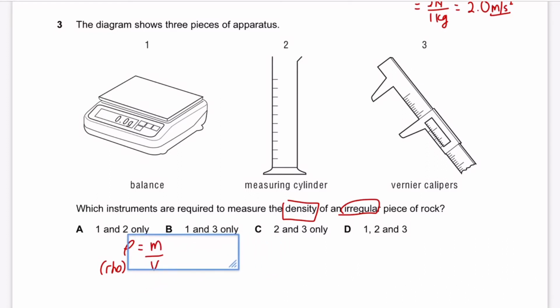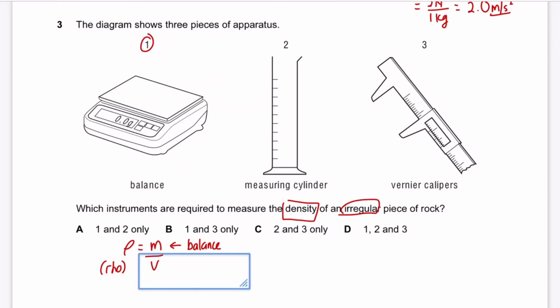To measure the mass, we need a weighing balance, or in this case, it's just balance. So we need number 1. To measure the volume of an irregular piece of rock, the only thing we can use among these 3 instruments is the measuring cylinder.